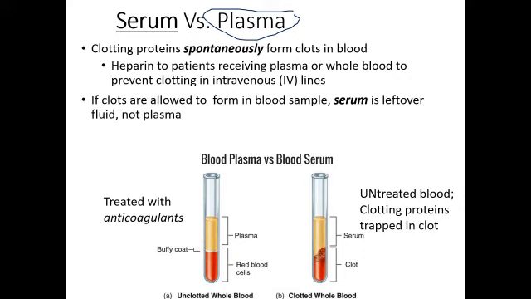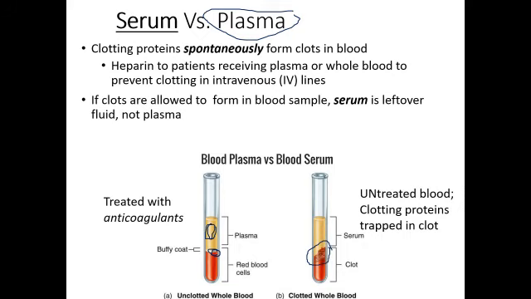that blood with some sort of anticoagulant, with some sort of chemical that prevents the formation of clots, essentially what's going to happen is that all of those clotting proteins within the plasma are going to automatically form a clot with the platelets, which we know are in the buffy coat. And so what you're left with in that case, if you don't treat with anticoagulants, is a big old blood clot.